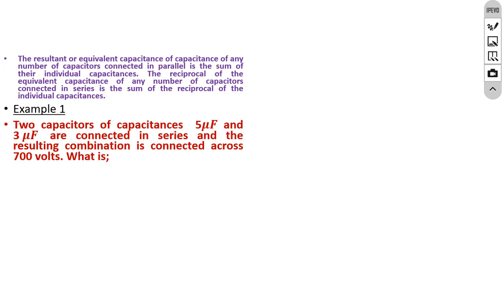Example 1. The first example here says, two capacitors of capacitances 5 microfarad and 3 microfarad are connected in series. I have shown you a picture of a series arrangement of a capacitor.